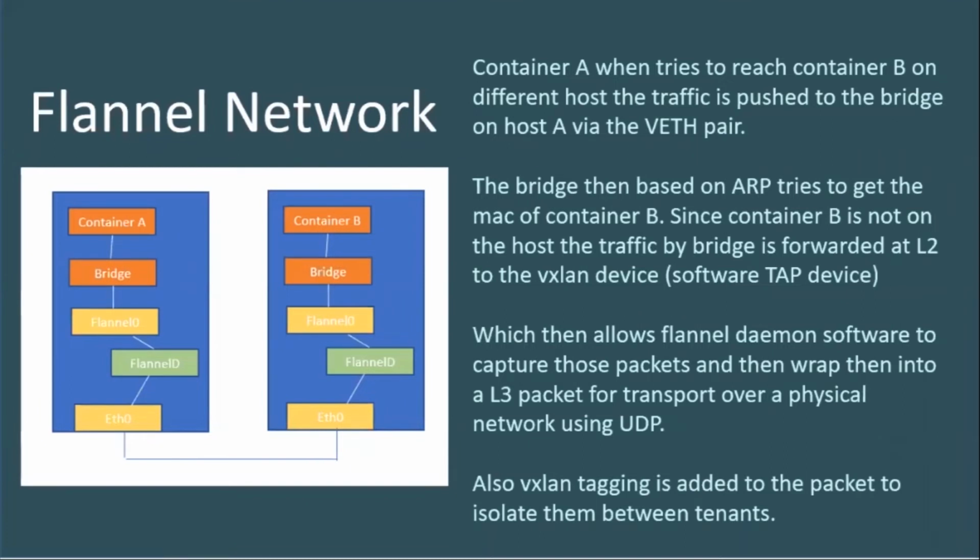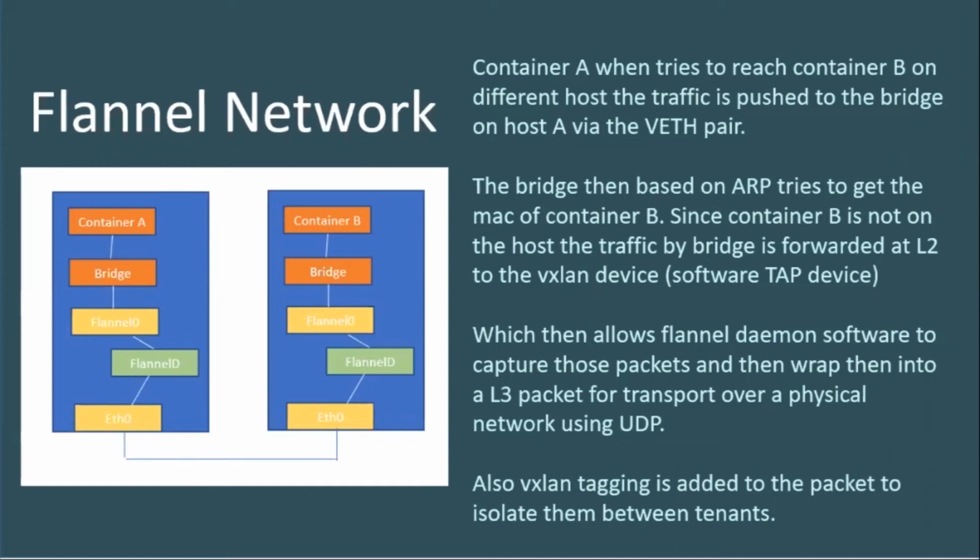So using this encapsulation method and overlay network, it basically broadcasts the information, and based on the response I get, I update my routing table. So this is how the Flannel network works.